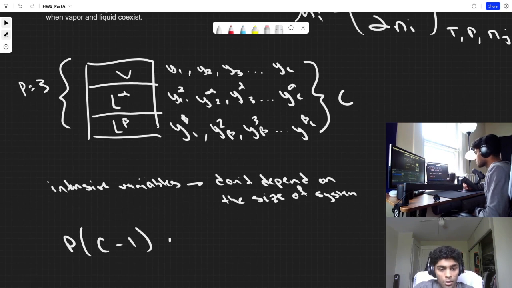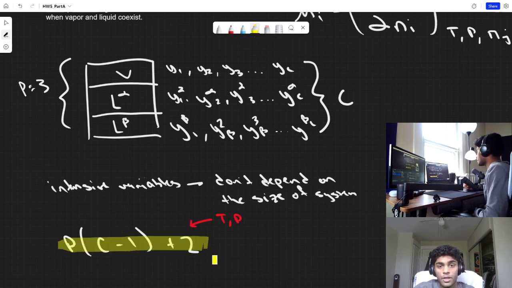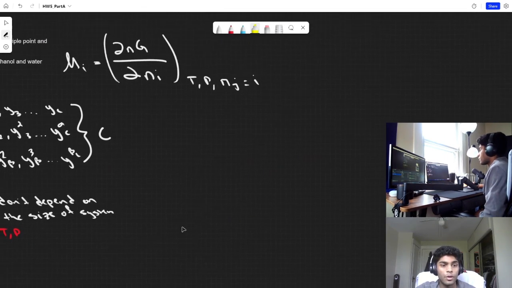And then we also need to add 2 because remember, we have temperature and pressure. So this first equation is representative of the number of unknowns, the number of intensive variables we have within this multi-phase system.